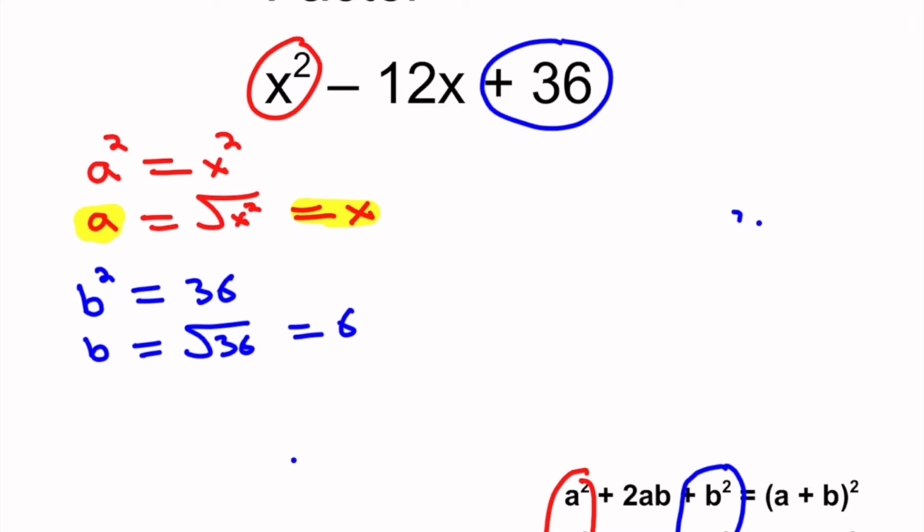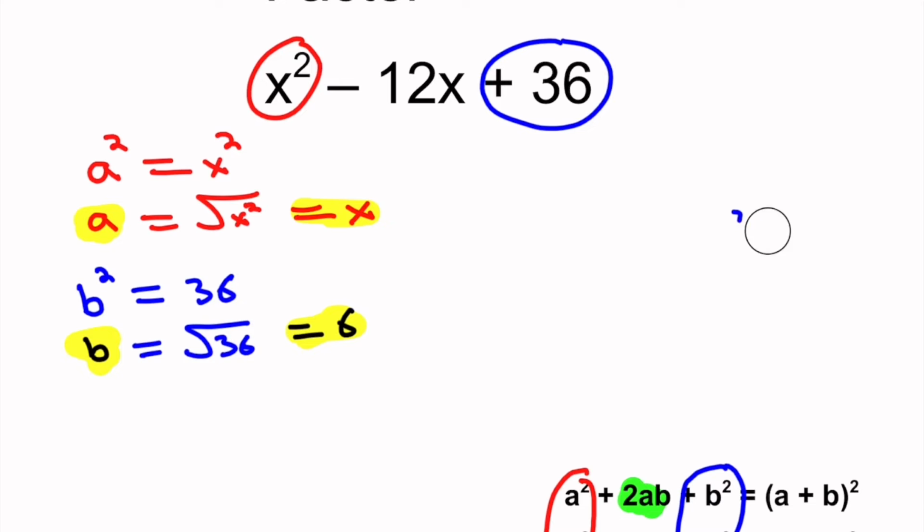Okay, so that means our b value, just b, is equal to 6. Okay, so far so good. Both our first and our last term are perfect squares because we just checked that here by square rooting both of them. Now we need to make sure that the middle term is exactly a multiplied by b times 2.